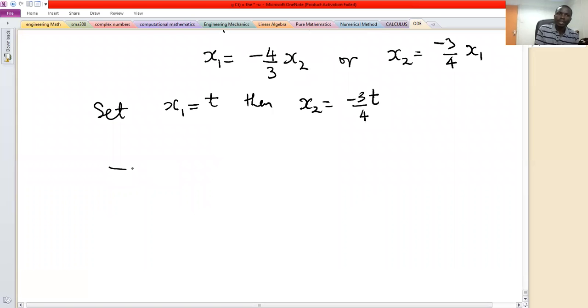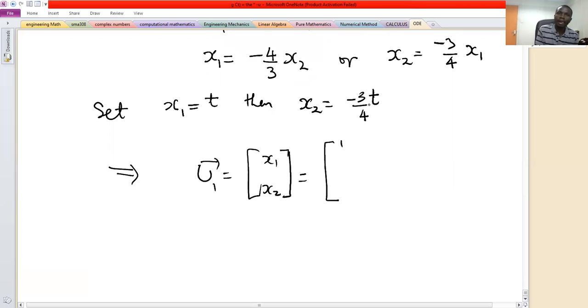So my u1, which is x1, x2, will be given by x1, which is t, and x2, which is minus 3 over 4 t. I can decide to do away with the fraction. For me to get a whole number here, I need to multiply by 4.